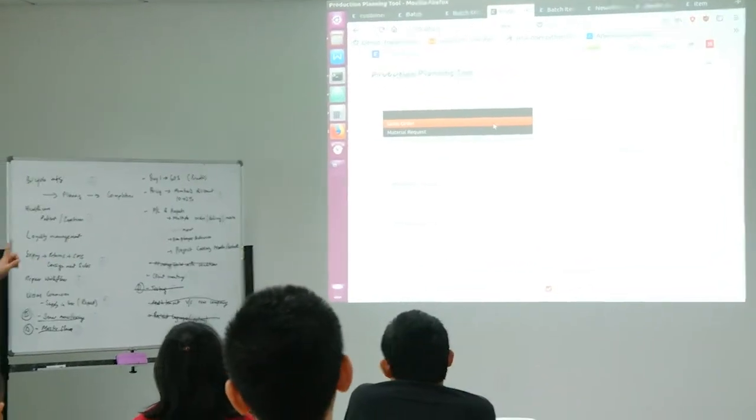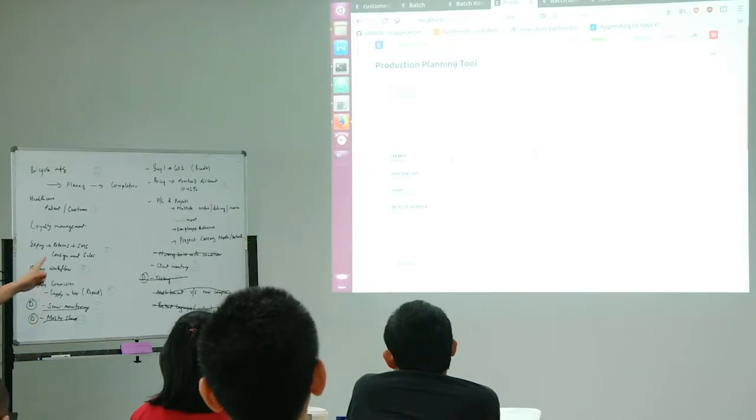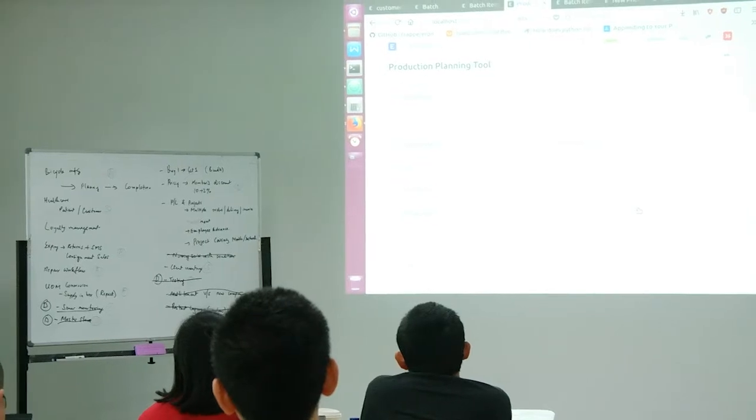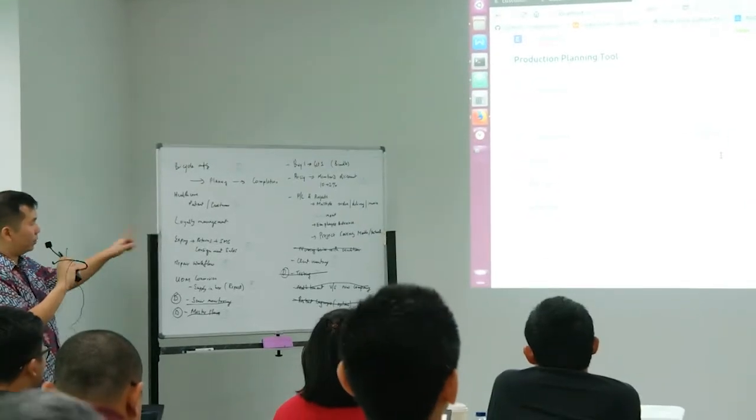If you select a sales order, it will come out with which item, like a bicycle, who the customer is, the from date, or what time you're planning to make it. And then we can get the sales order.